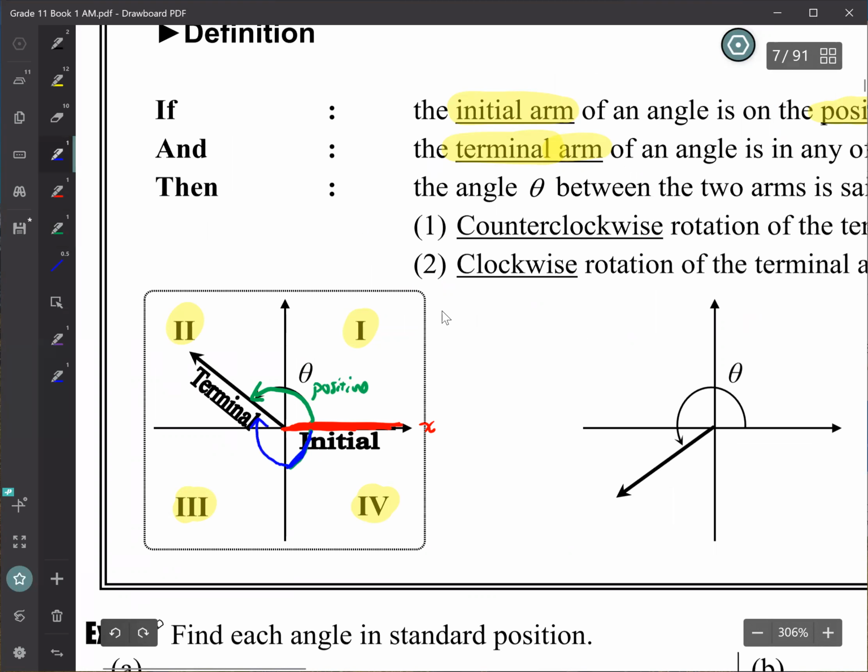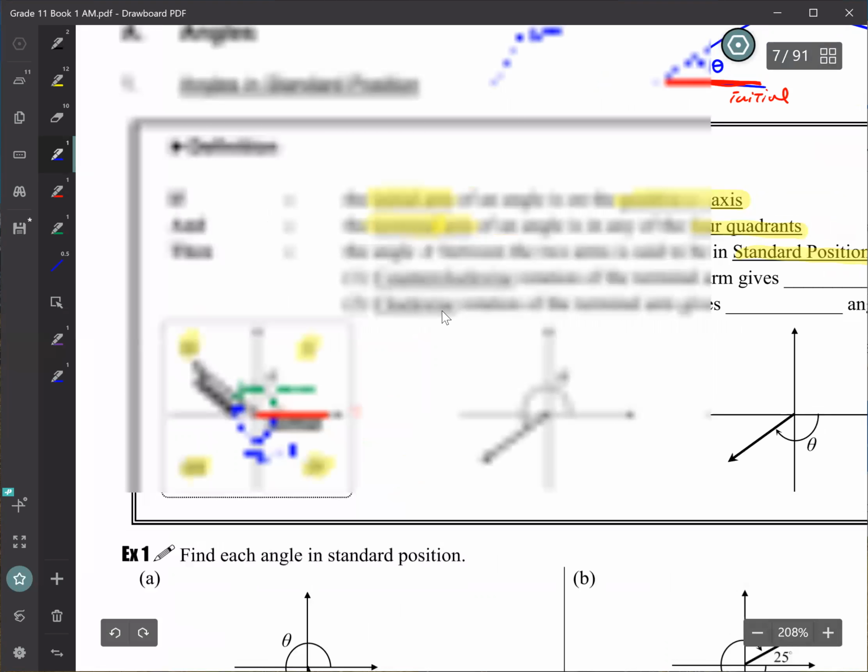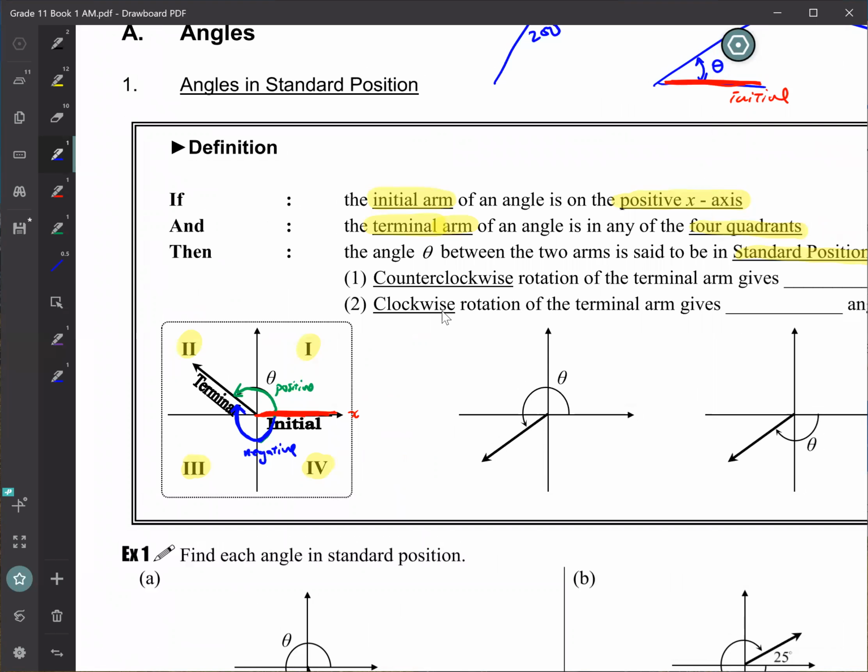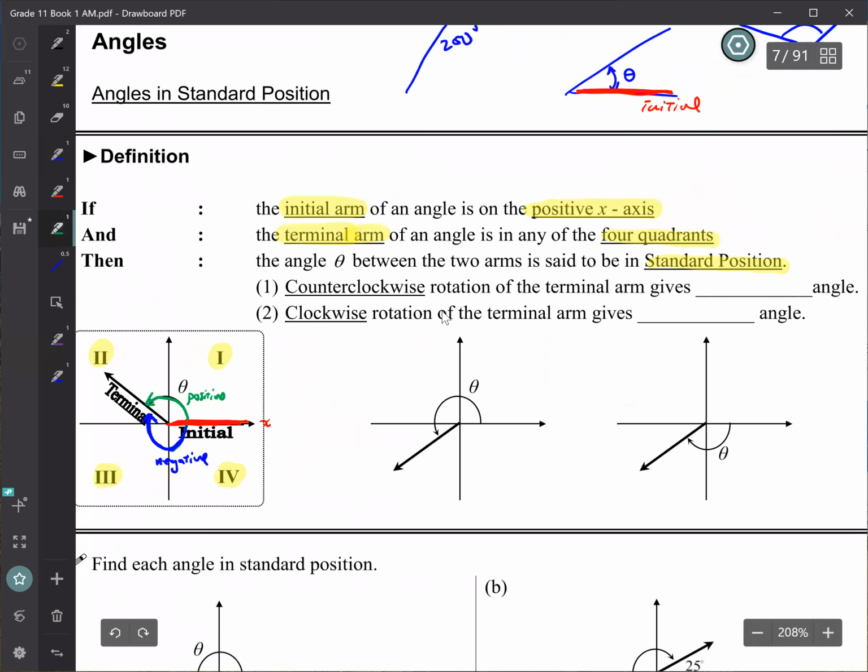Then that's the negative. So positive is the counterclockwise. Look at the picture on the right side. Counterclockwise rotation gives you a positive angle. So this one's positive.